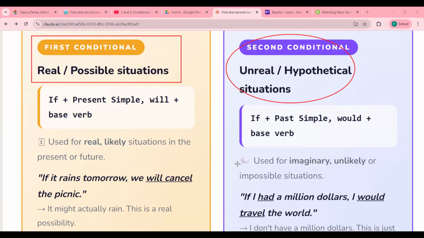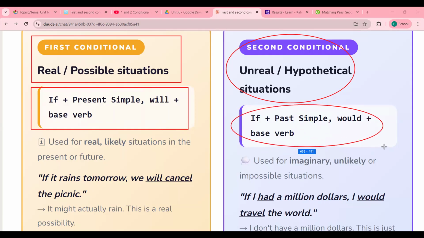Okay? That's the difference. Structure. The first, if plus present simple, will. It's the usual structure. The second, if plus past simple and would. It is commonly used.